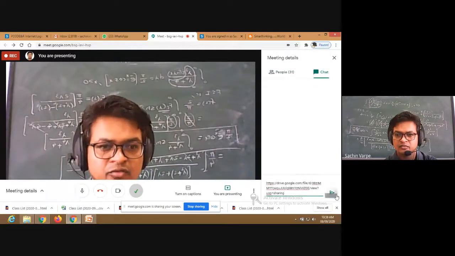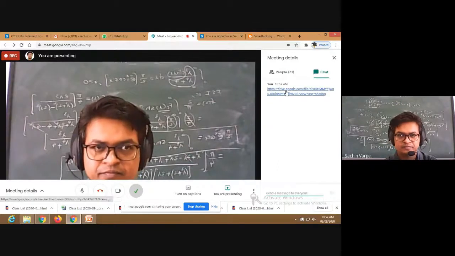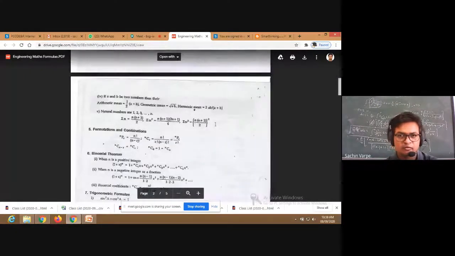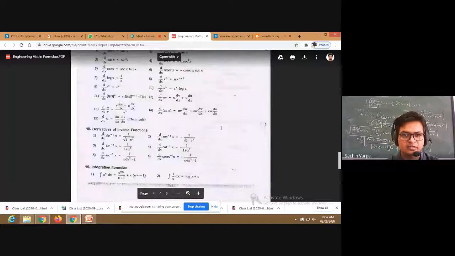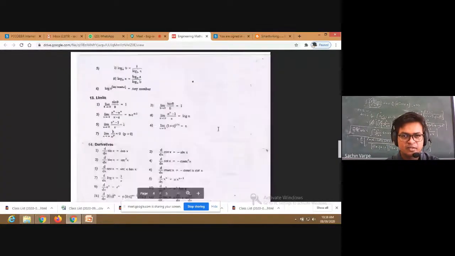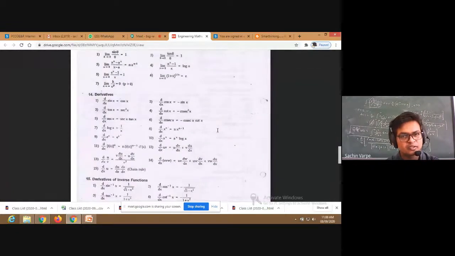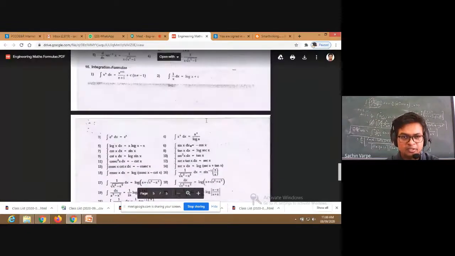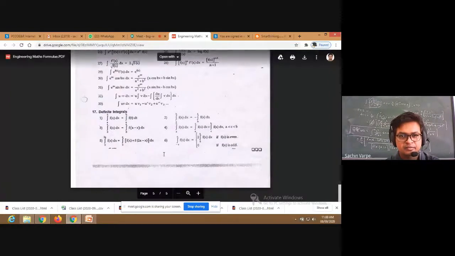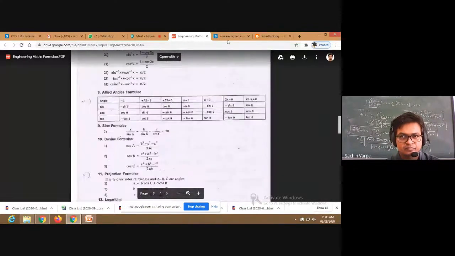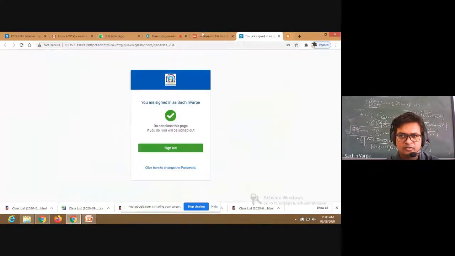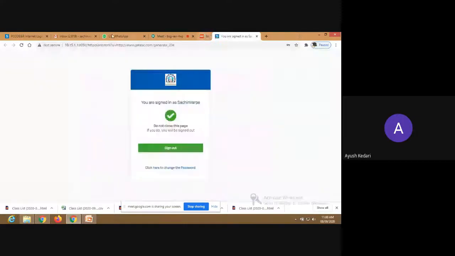You can directly access those formulas. All the important trigonometric formulas which we require in engineering mathematics 3 are there. Trigonometric, then derivative, integration formulas, even the basic logarithmic and limits formulas are there, isn't it? Is that okay? I think Ayush was asking this.